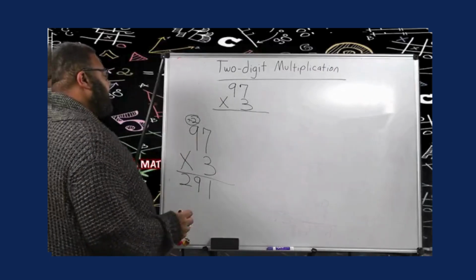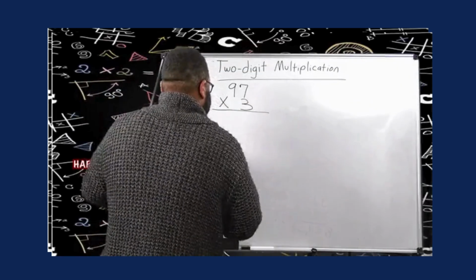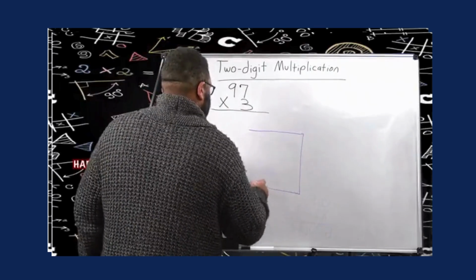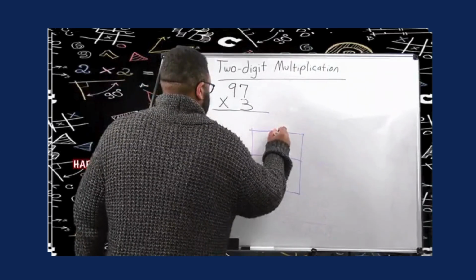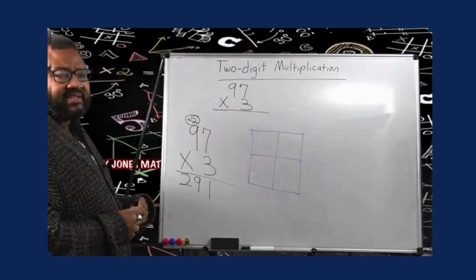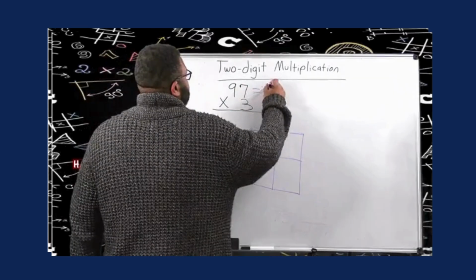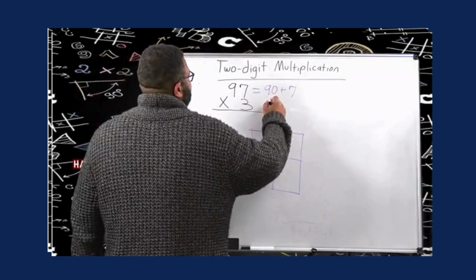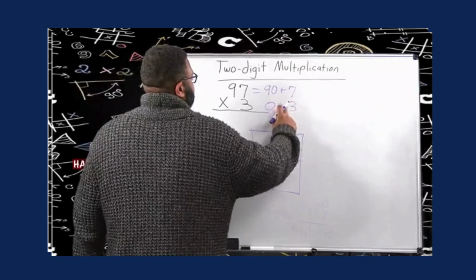Okay, I want to come back and let's do the Bojangles big box. I like starting out the Bojangles big box with a window. What I'm going to do here is this: 90 plus 7. And what's this going to be? There's nothing in the tens place, so that's 0 plus 3.